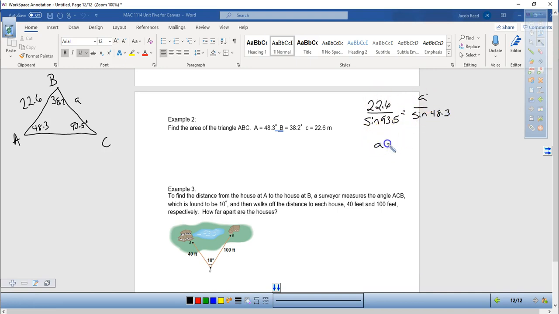Multiply across, a is equal to 22.6 sine of 48.3 over sine 93.5, which comes out to be 16.91 meters, rounded.